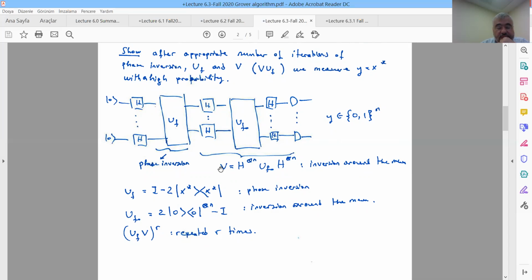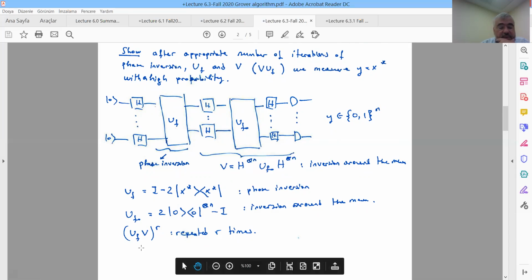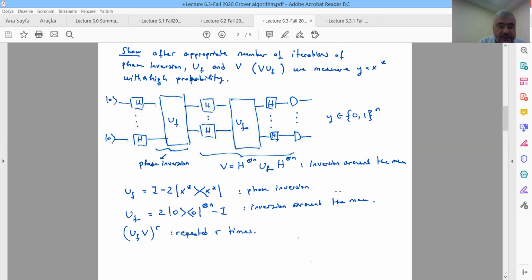And the V operator is this entire thing: H tensor n, U sub F0, which is this operator, H tensor n. This is the V operator. So what we are saying is, if you apply U sub F V repeated R times to this input, you obtain the solution ket x star in the output. This is what we have done so far.